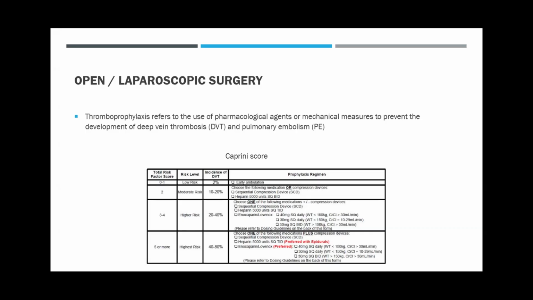And it classifies the patient into lower, moderate, and high risk. For the lower risk, we can start with early ambulation, and we can choose multimodal management for the patient with the high risk.